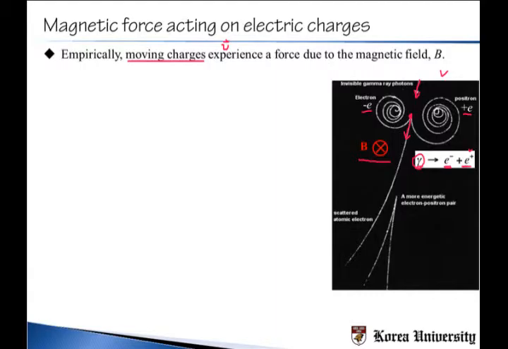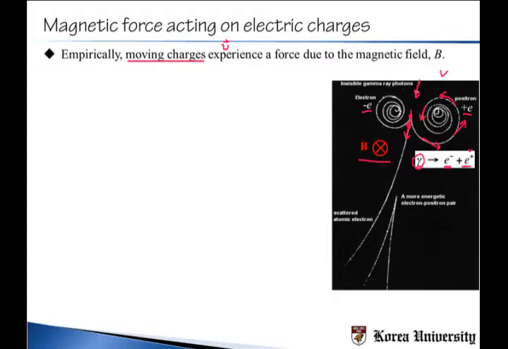So let's consider positron first. So it looks like it's almost doing a circular motion, right? So its velocity originally along this direction is changing. For example, over here is going like this, and here is going like that. These are the velocity vectors, and it's almost doing a circular motion.